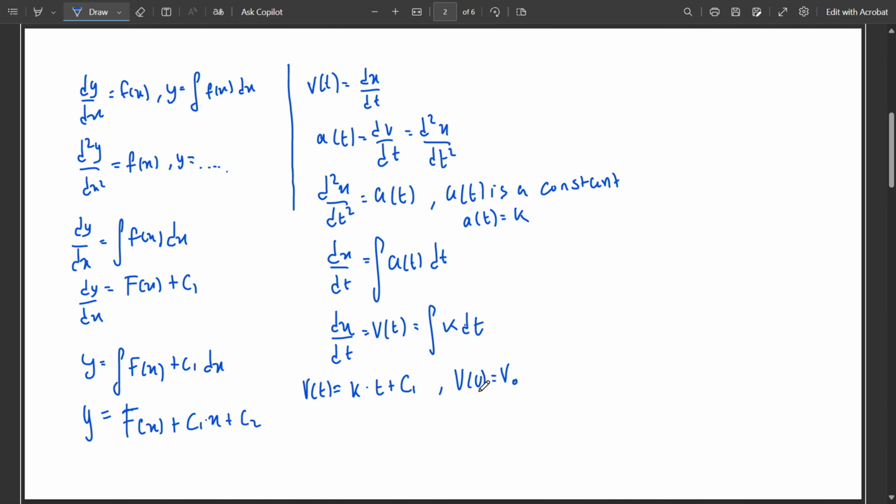Why pick time equal to 0? Because when time equals 0, we can cancel out the k, which leaves c1 equal to v of t. So we have v of 0 equals k times 0 plus c1.